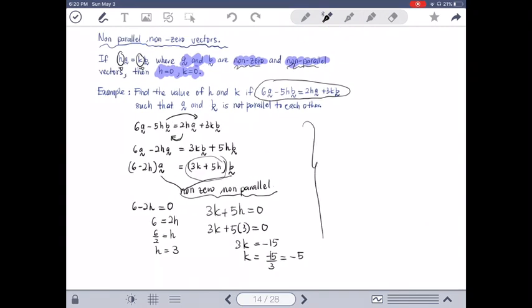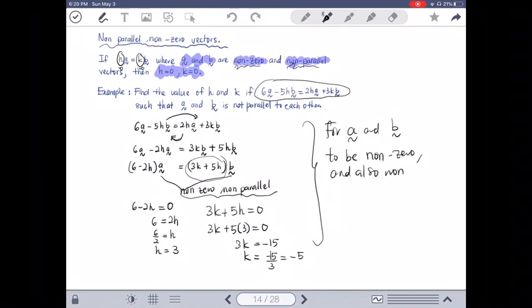Which means that for A and B to be non-zero and also non-parallel vectors, h needs to equal 3 and k needs to equal negative 5.